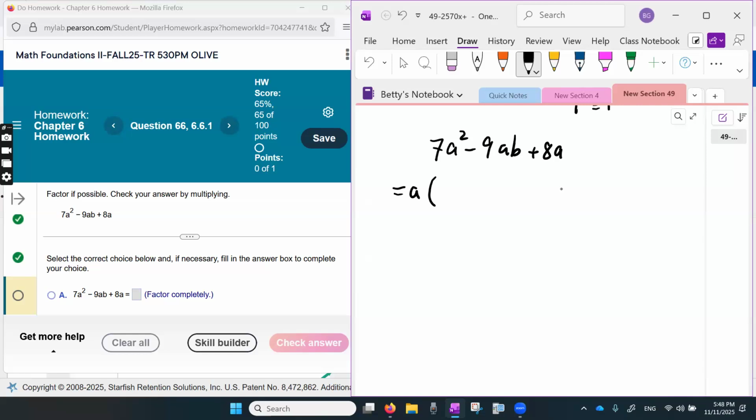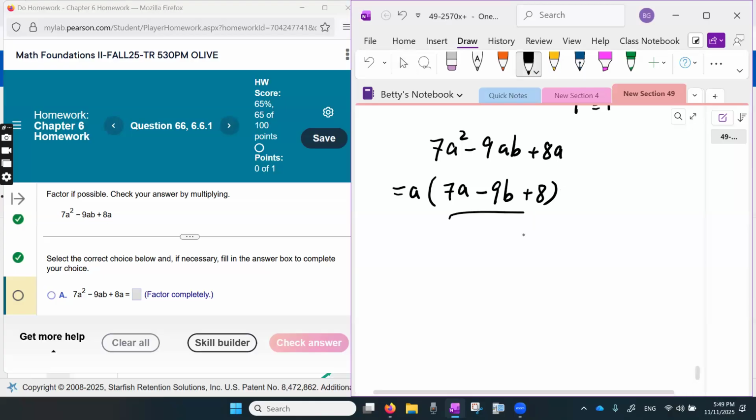Numerical part has GCF 1. But variable part we have a GCF, letter A. Factor it out, we have 7a minus 9b plus 8.